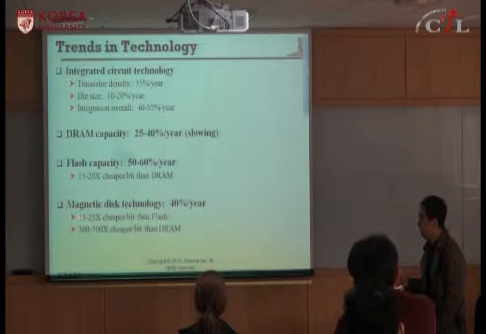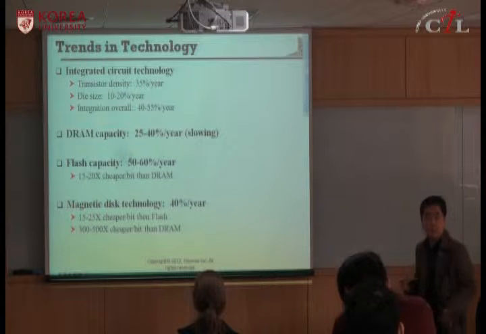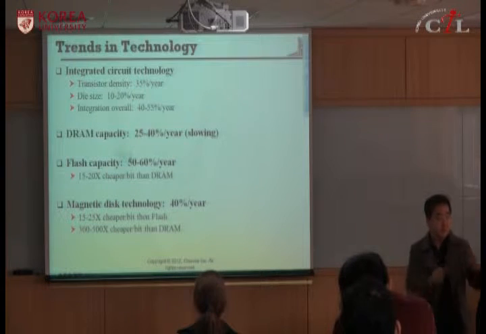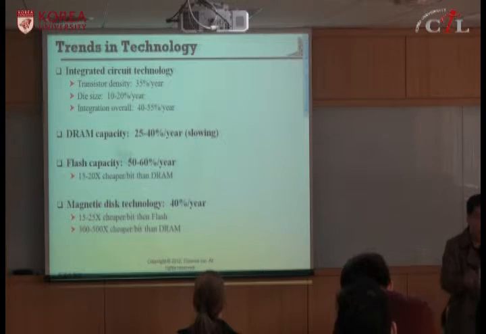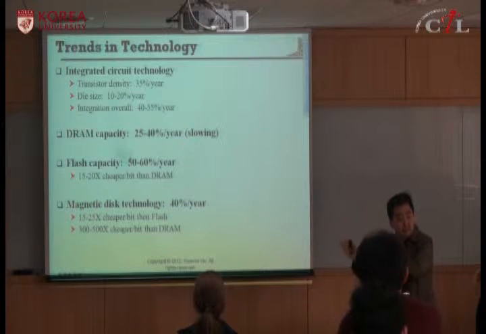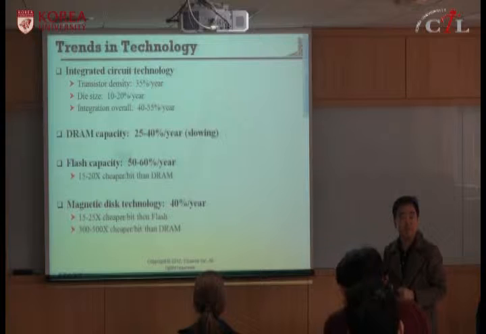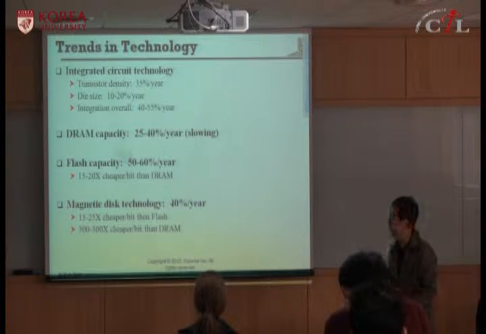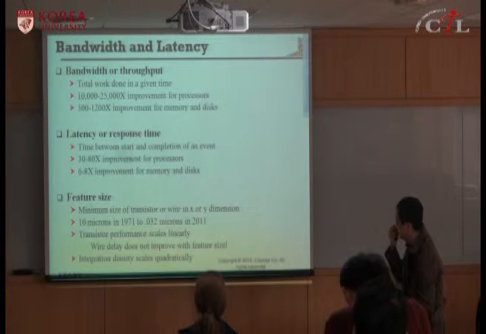It's another 20 times cheaper than flash. So overall, disk is about 300 to 400 times cheaper. So 20x between DRAM, flash, and disk, 20x20, so about 400 times. Okay, cheaper but slower. That's the technology trend.